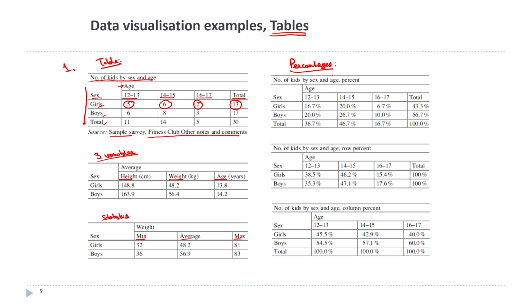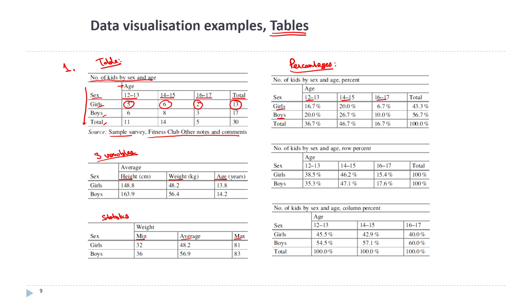The reason why we use row percent or column percent is often a particular interest in the distribution of one dimension, while the other dimension is only seen as a grouping. For instance, here the girls and boys are taken as grouping. These are the different age groups.